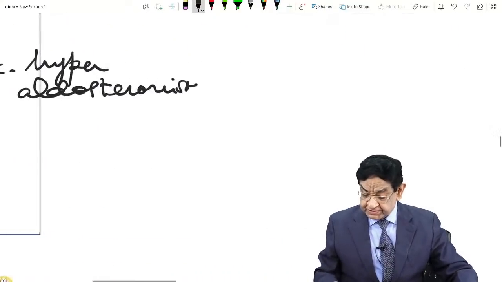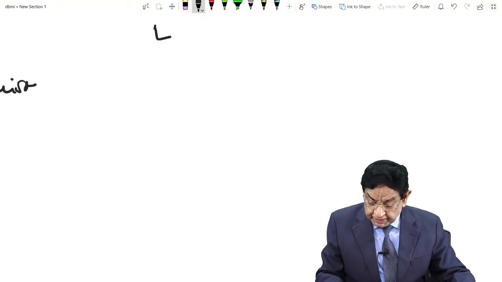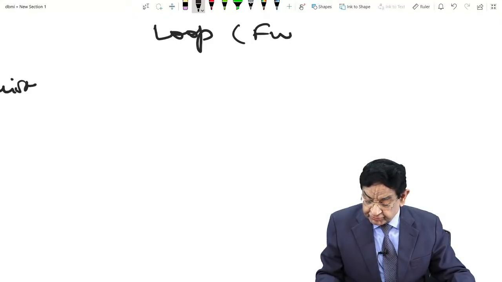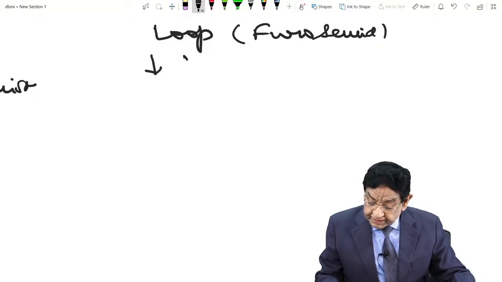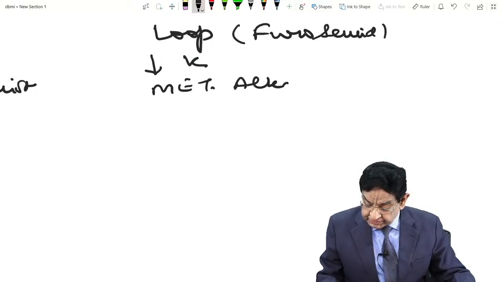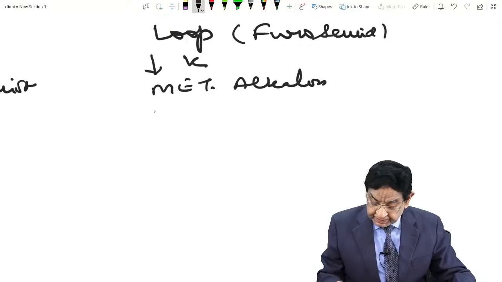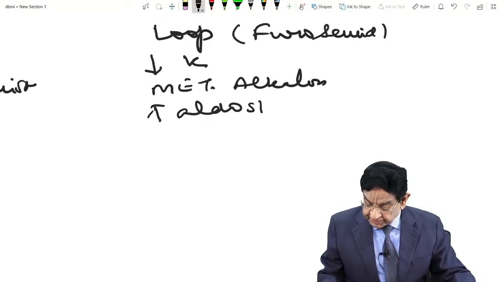So friends, when we use a loop diuretic like furosemide, there occurs hypokalemia, there occurs metabolic alkalosis, there occurs increased aldosterone secretion.